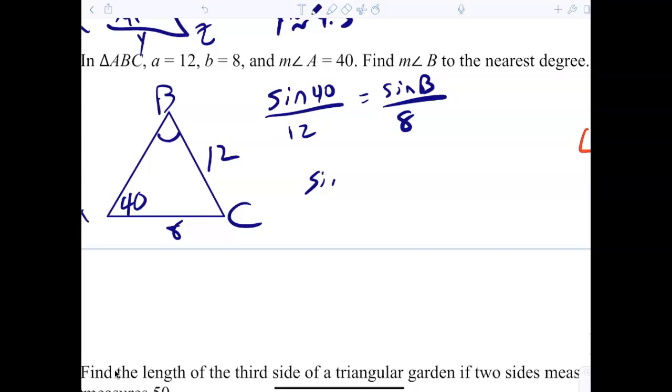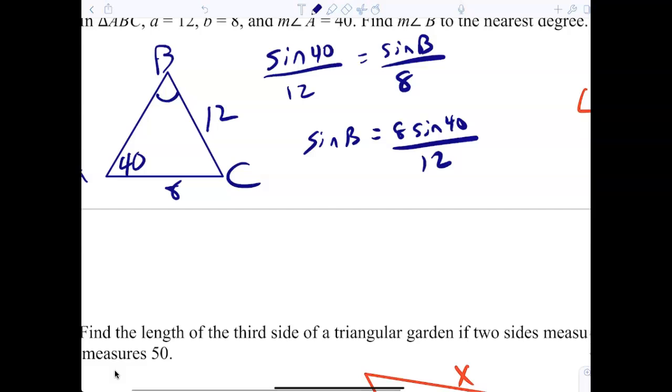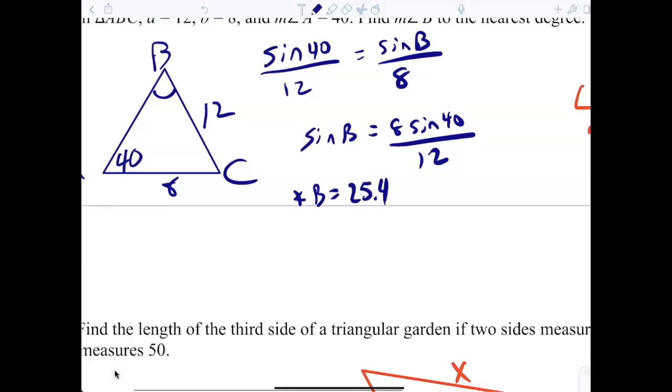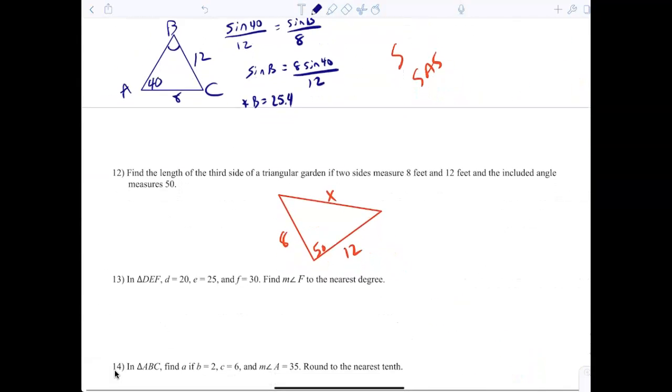So sine of B is equal to 8 sine 40 over 12. Is everybody good with that? And then angle B is equal to how many degrees? Remember, you're looking for an angle, so we have to do inverse. Help me. Thank you. Somebody else confirm 25.4. All right.